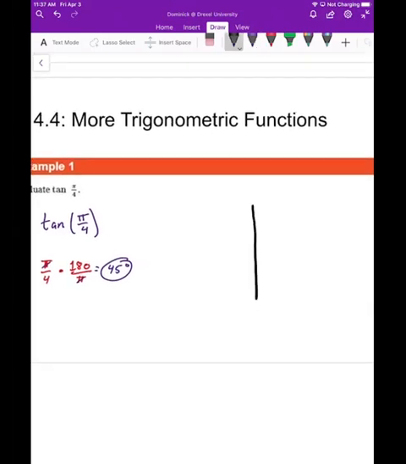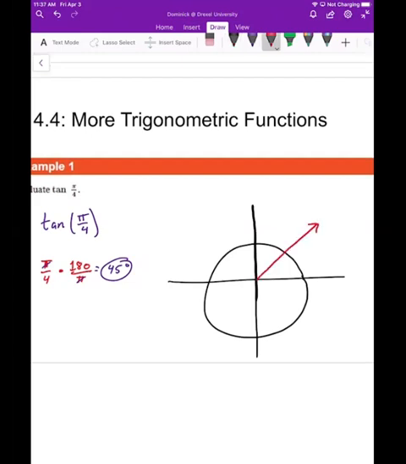So let's draw this out. Okay, so if we draw our 45-degree angle, we are looking at something like this. All right, which is also pi over 4. Now, in order to get the tangent of this angle, we need to figure out the x value and the y value so that we can do y over x.